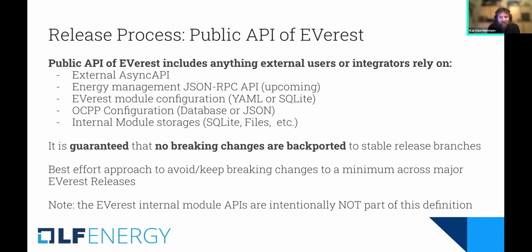So what this means is we will guarantee that no breaking changes are backported to these stable branches. And additionally, we try to keep breaking changes as minimal as possible across major releases, so across different stable releases. However, another note at the bottom says the internal API between EVerest modules, so everything that is not part of this public API specified above, the actual internal communication between the modules, is intentionally not part of this definition.